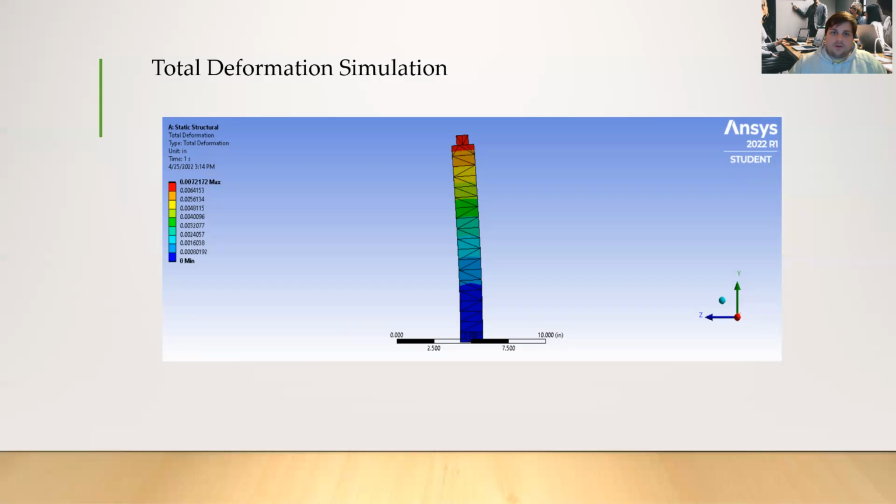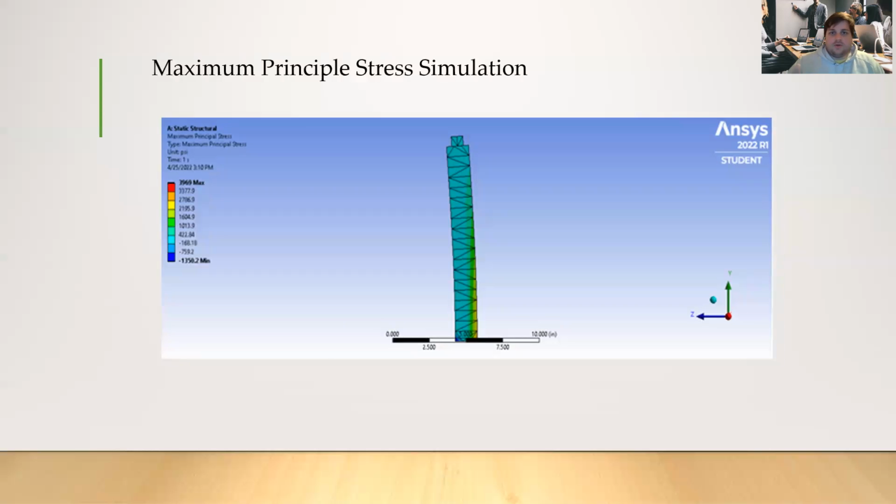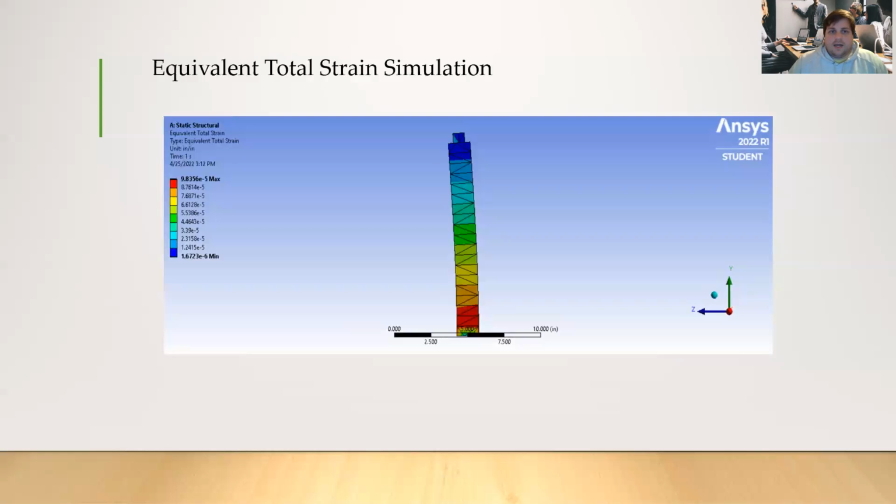So I did run some others, such as looking at the maximum principal stress, which was kind of to be expected: a lot of the tensile stress was on the side that was being bowed, while the inner part was under compression. I just wanted to check for fun. And looking at the strain, it was expected as well.